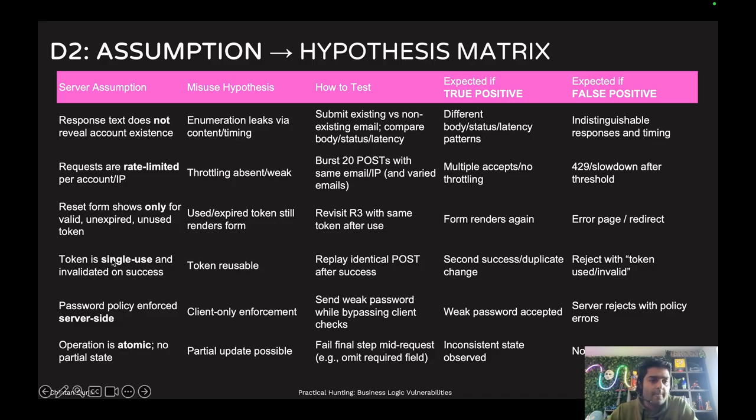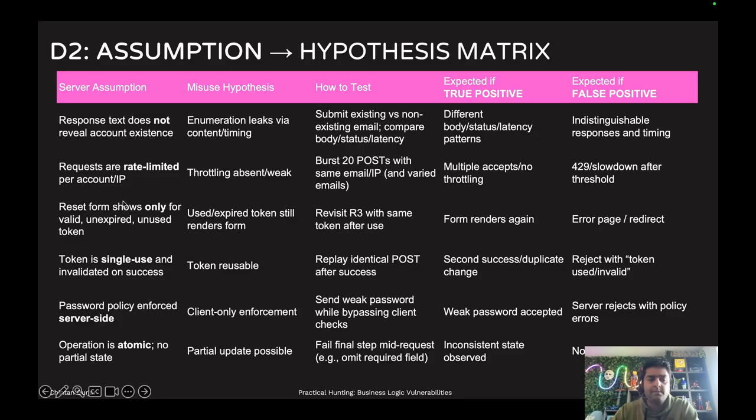For example, tokens are single use only. So what if I reuse the token? That is your reverse logic. Password policy enforced on the server side. What if only client-side enforcement is there? Now this is your hypothesis. You haven't tested it; only if you test it would you know.